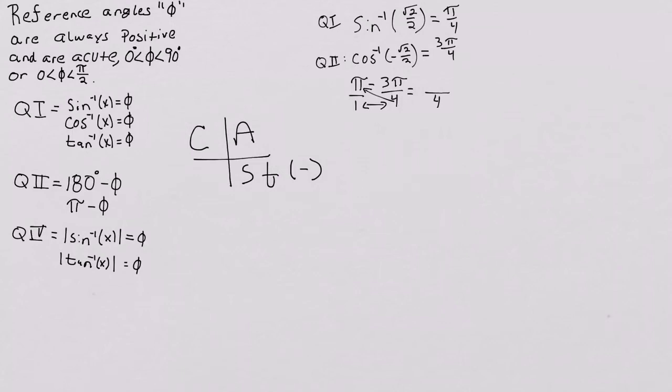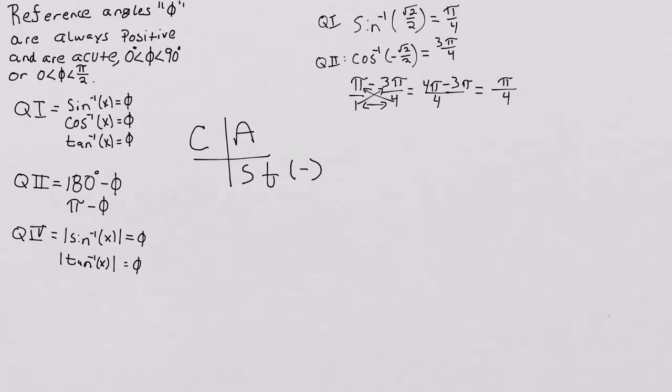Multiply up from back to front. 4 times pi is 4 pi, minus, bring your operator over, 1 times 3 pi gives me 3 pi. Then we do the math on top. 4 pi minus 3 pi, the pi stays, so we do the math of the numbers in front. 4 minus 3 is 1, so we don't need to write it, and your bottom stays. So my reference angle would be pi over 4.